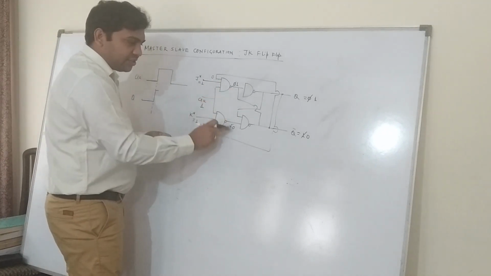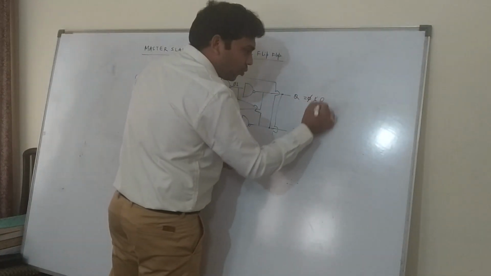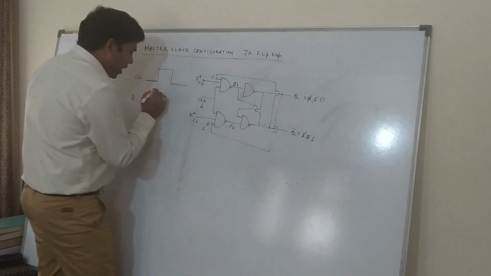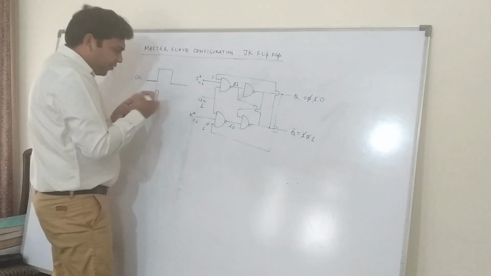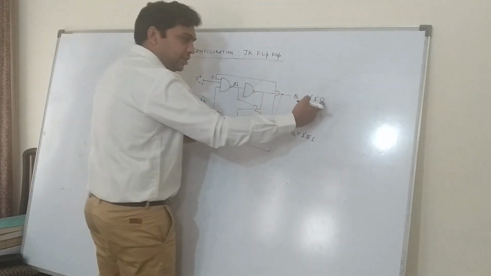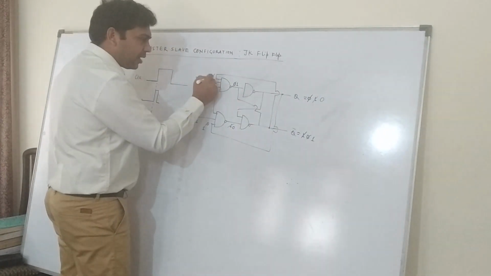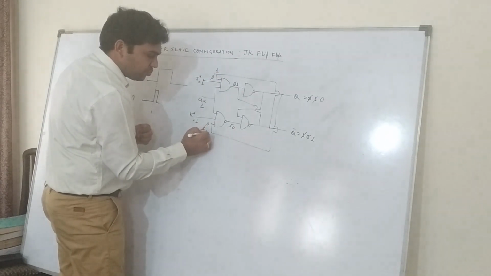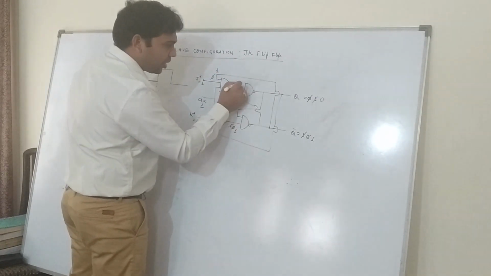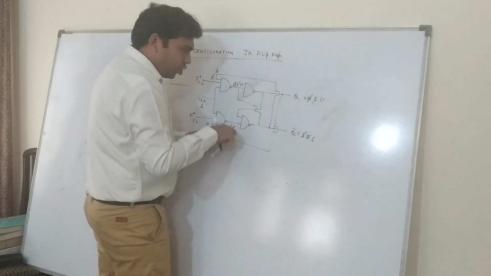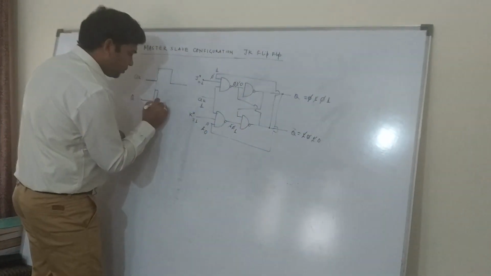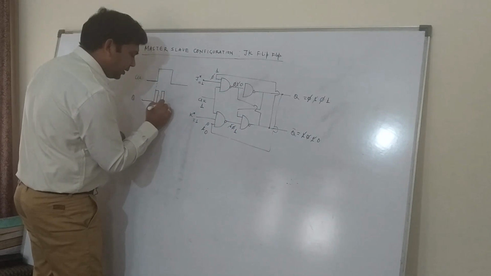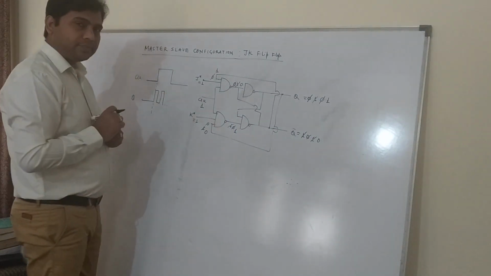So you have a 1 and 0 now, and with 1 and 0 you will get the output 0 and 1. So immediately the output will become 0. Now after some delay, this 0 and 1 is also coming here again. It will become 1, it will become 0, it will become 1, it will become 0, and since 0 1 will make it 1 and 0, like this and so on.